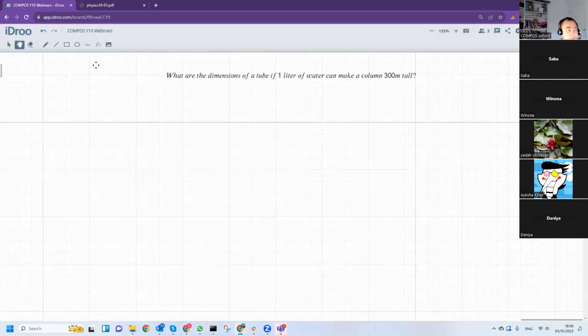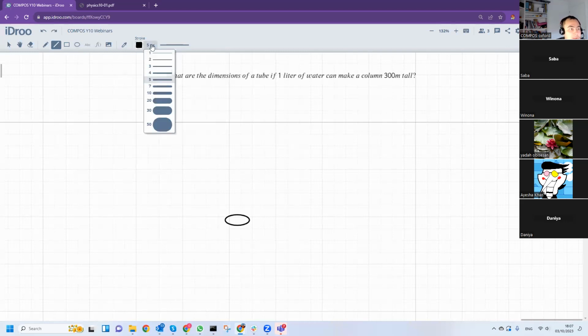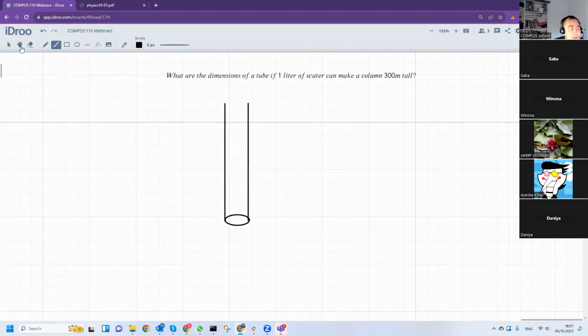Well, all we need is just a tube. If it's a round tube, it's a cylinder. Basically, it's a cylinder of water.